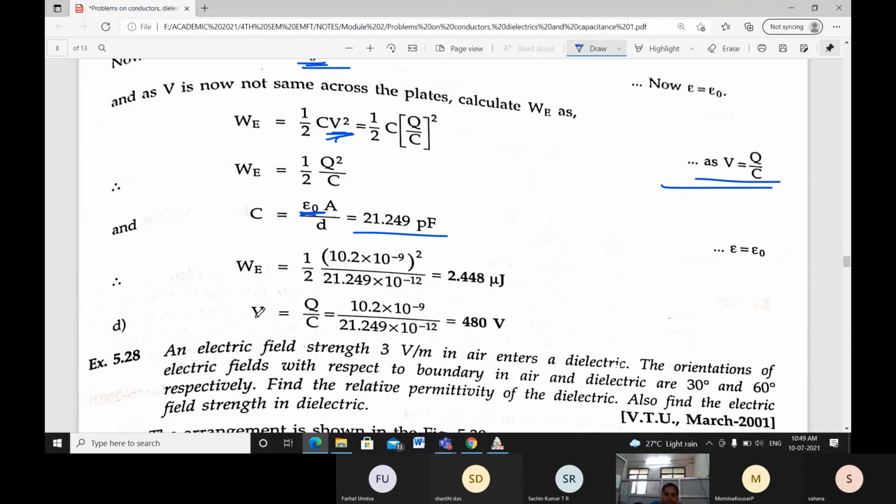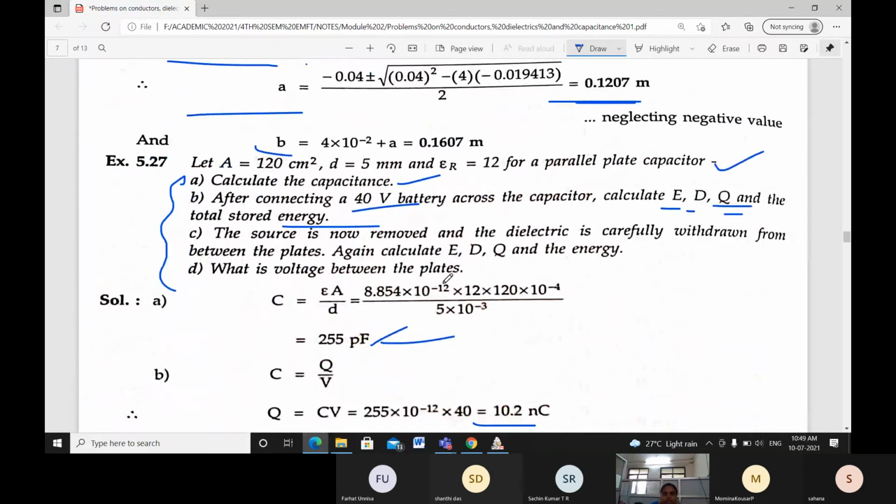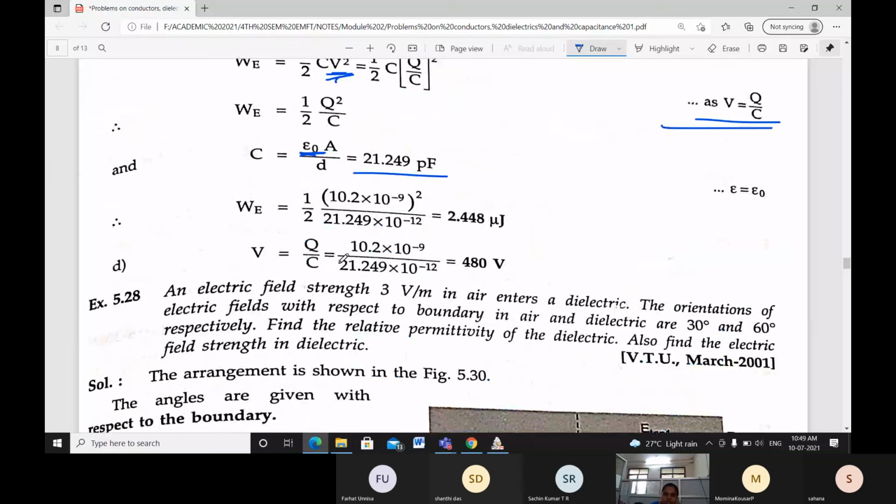Then go for the V value. The last question is, what is the voltage between the plates? That is, V is going to be Q by C. Q is 10.2 into 10 raised to minus 9, divided by the capacitance, which is 21.249 picofarads.